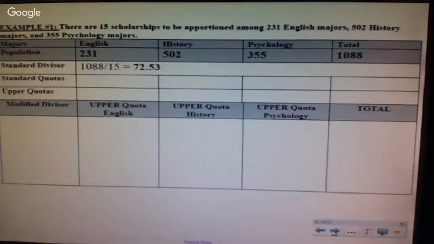First things first, please enter this into your calculator. I need English for Y1, history for Y2, psychology for Y3.